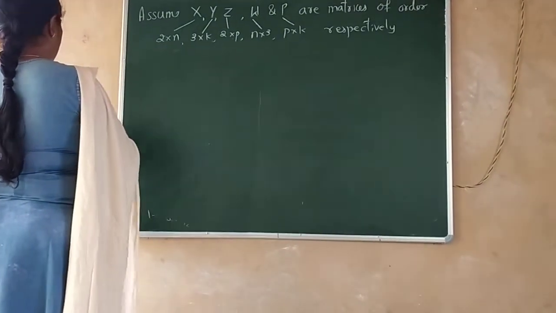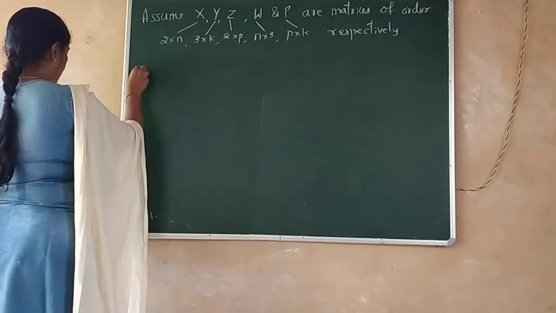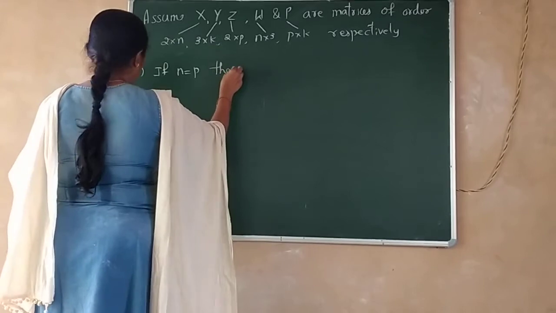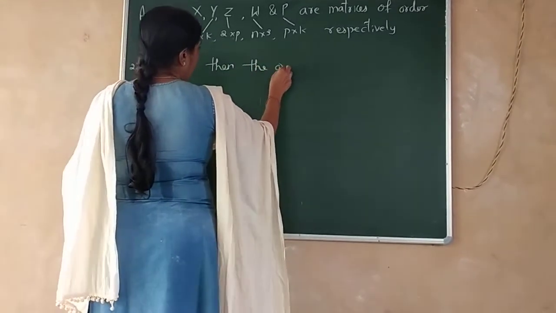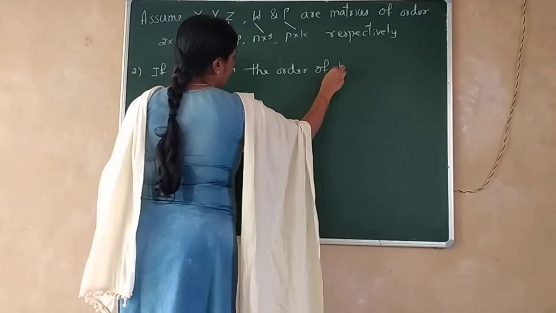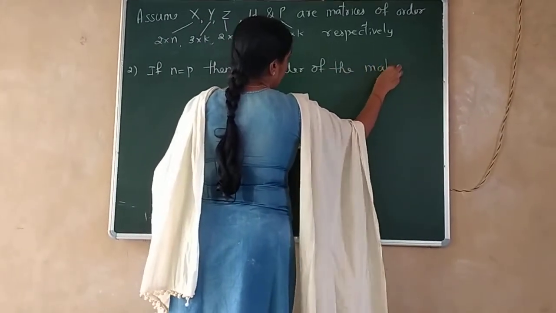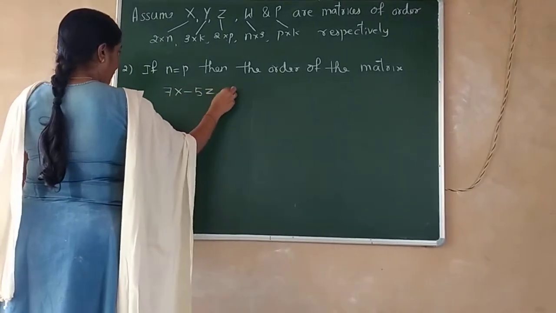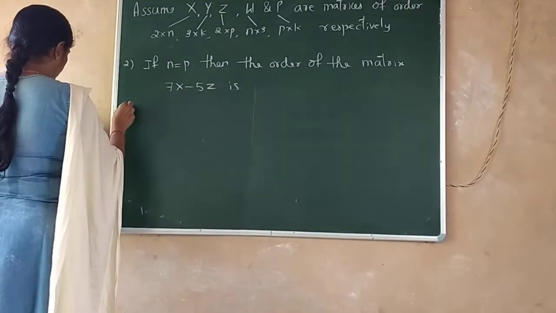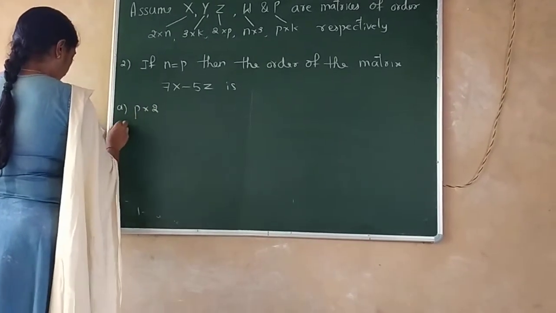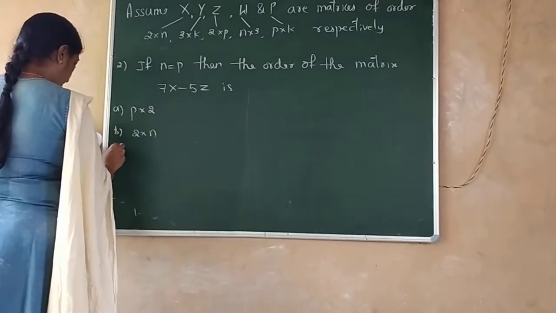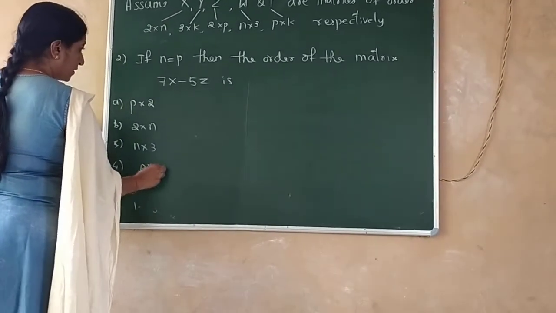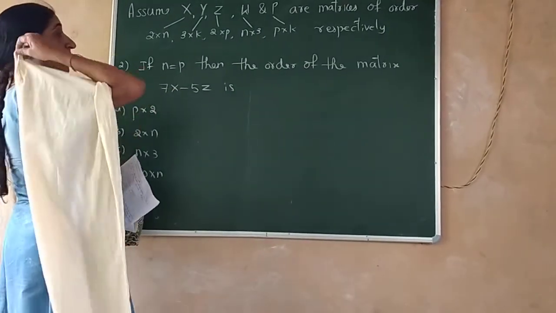The problem is, if N is equal to P, then the order of the matrix 7X minus 5Z is: first one P by 2, second one 2 by N, third one N by 3, next P by N. So 7X is a scalar multiplication.